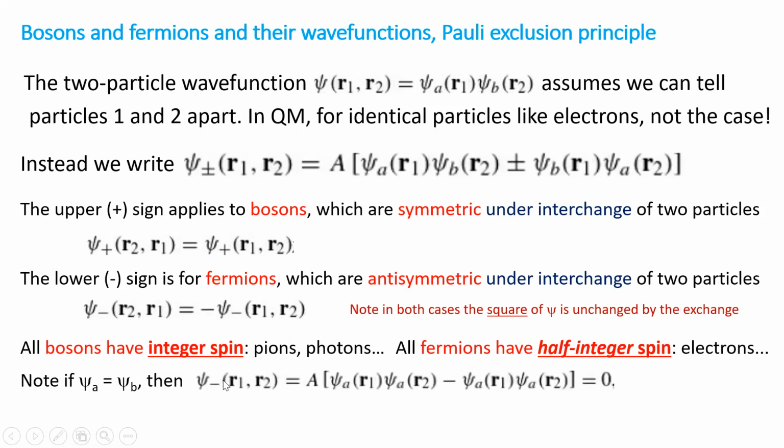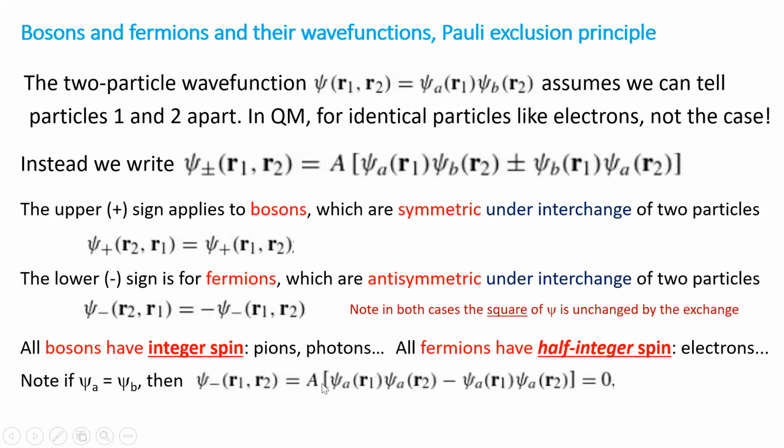Okay, so one very interesting thing that comes out of this antisymmetric property of fermions is, note, if we take this definition of fermions here, psi minus of R1 and R2, and we take psi A equal to psi B. So we try to put particles 1 and 2 into the same state, psi A, instead of different states, psi A and psi B. So we take A equal B, so we're putting them in the same state.